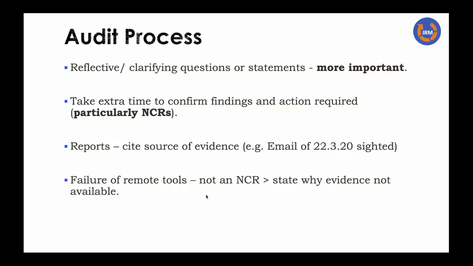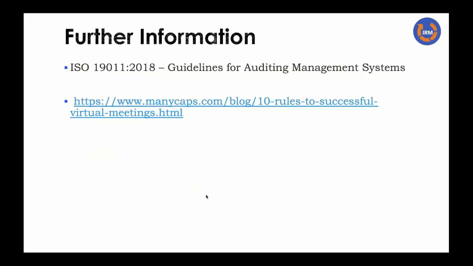I think it's better to state that you couldn't determine conformance or non-conformance with this requirement because of this reason, or to ask them to send you additional evidence after the audit. We can't really blame a failure of the remote auditing tools as a reason for why they couldn't demonstrate conformance, because perhaps they could have if those tools were working properly.